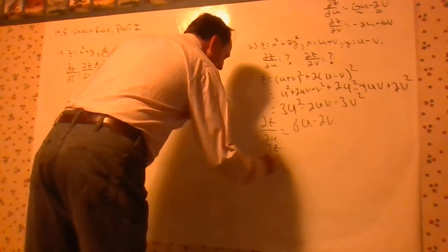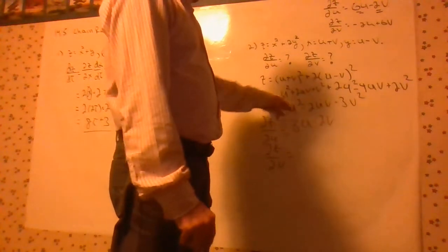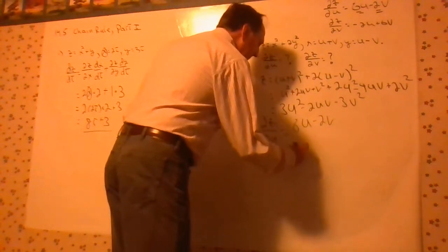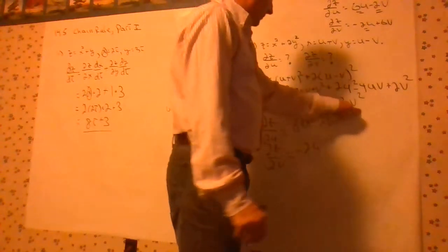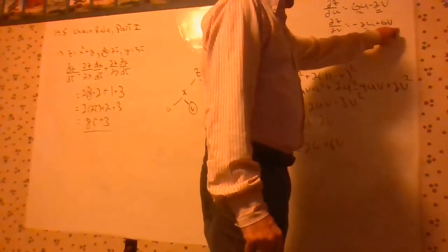Partial of z with respect to v is equal to, we want to differentiate this with respect to v. That goes away, we get negative 2u. That's this term right here, and we also have to differentiate the 3v squared, so we get plus 6v. Okay, and that's what we get right there.